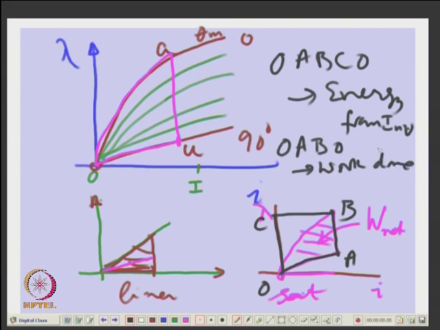And the remaining one is the energy that is retained. You can call it W field or whatever it is. This energy, that is O B C O, is the energy that is returned, okay. So, from the inverter certain energy is given to the machine and then certain work is done, we neglect the resistance.